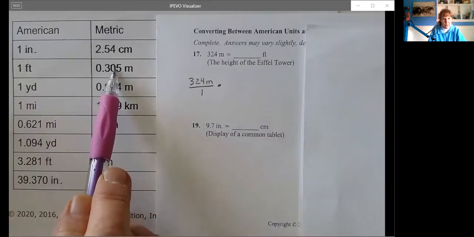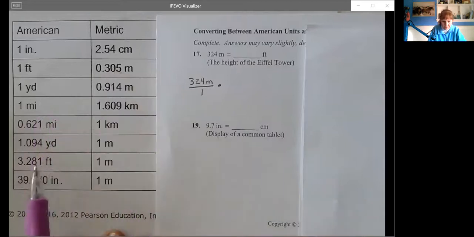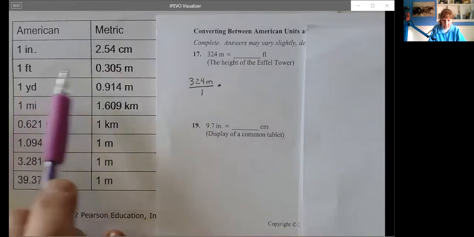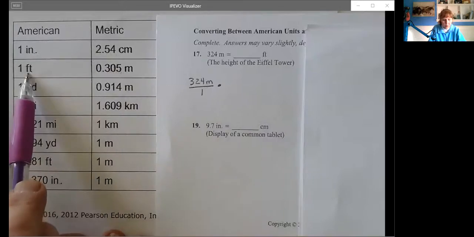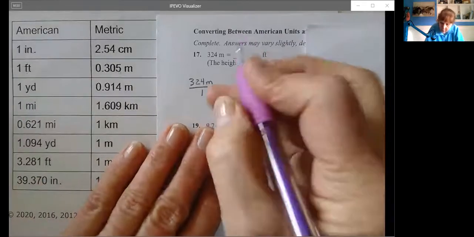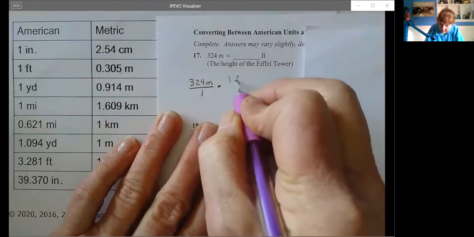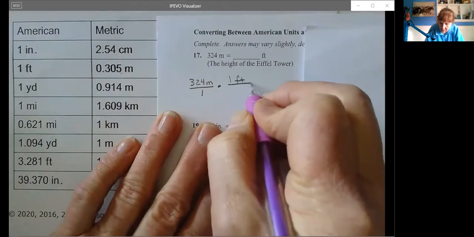I think we'll use them both so you can see it doesn't matter. You can put this in the numerator and this in the denominator. Let's start with this one, and then we'll also use the other one. So we're going to put 1 foot, because that's what we want our answer in.